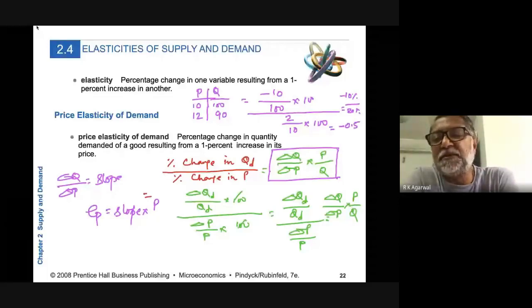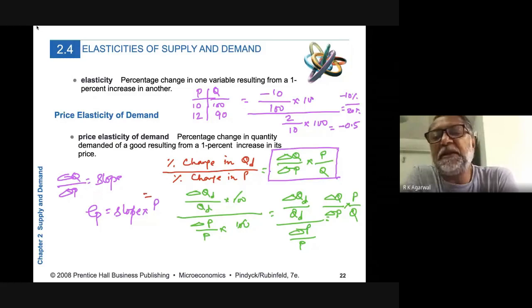That is minus 0.5. Just remember one thing, that normally we do not write the minus sign in elasticity. Why? Because it is presumed that elasticity will be negative. No need to write it or indicate it.